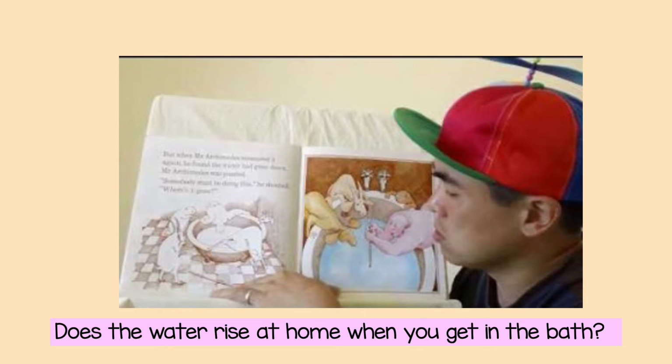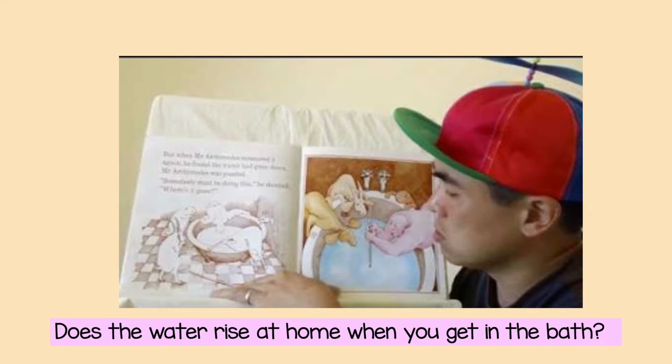The friends decided he should have a bath all to himself. He climbed in and the water rose. He climbed out, and the water fell until there was just the same amount Mr. Archimedes had put in.